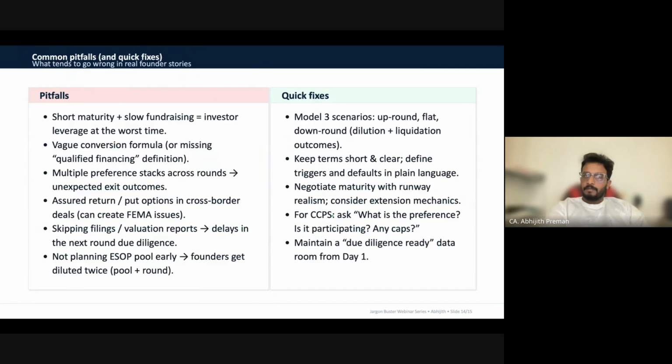So there can be things like that. So read the exit conditions properly and set the preference also properly when there are multiple rounds of fundraising. Who has the preference over whom, and what you are going to make finally after an exit, that should be clear.